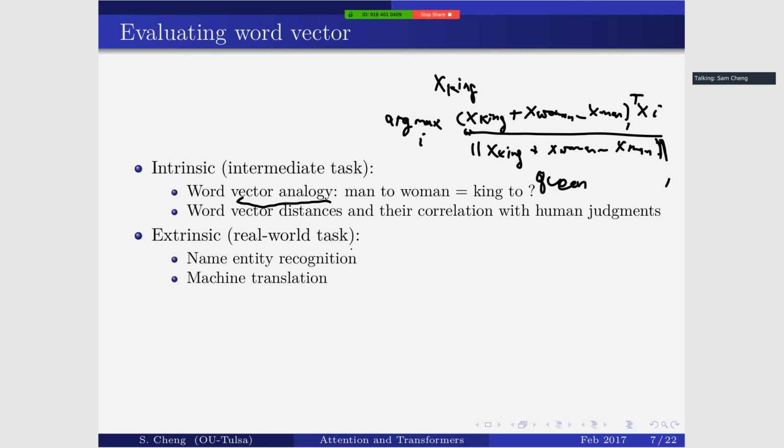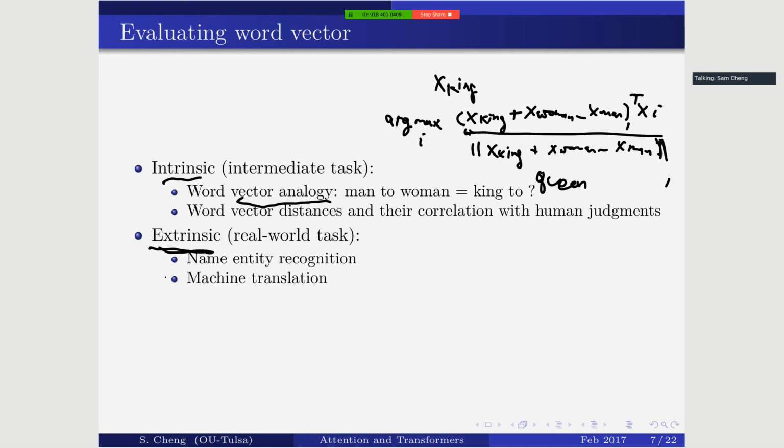Also, yeah, maybe I will skip that. Okay, maybe I'll talk a little bit about this anyway. Why we want this is that we want to evaluate how good these word vectors are, right? If you really design a new word vector technique, you can test it with some intrinsic tests and also some extrinsic tests.